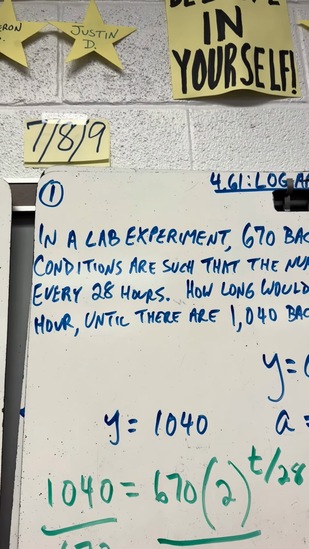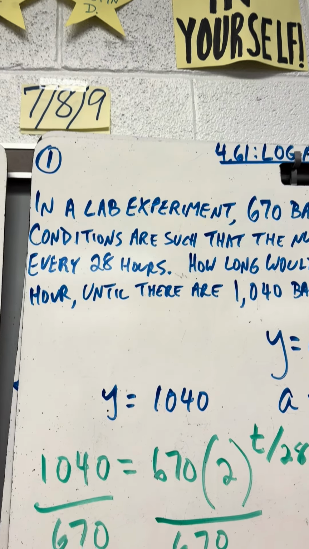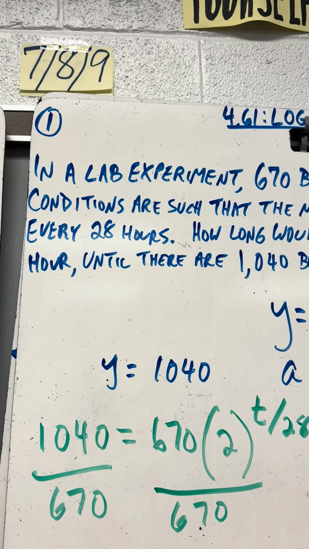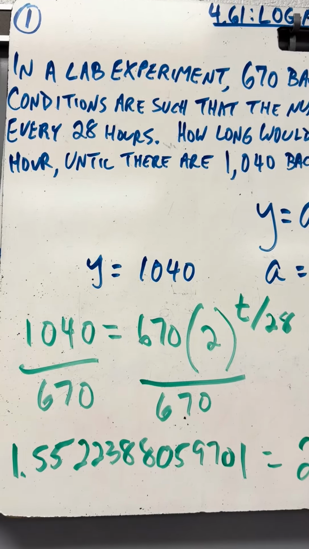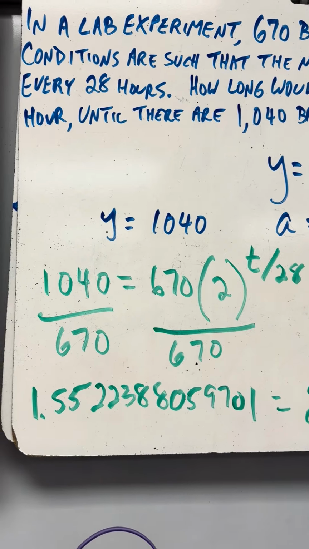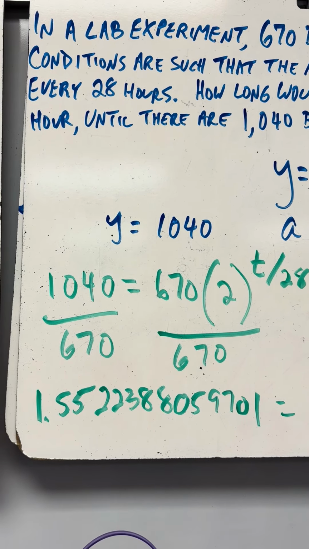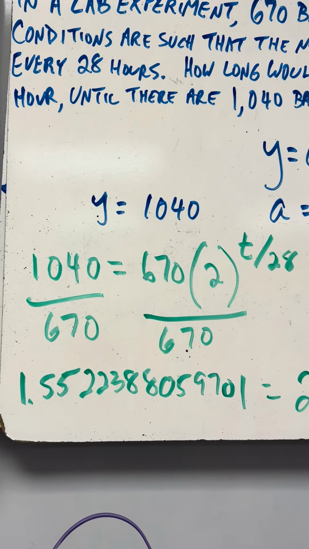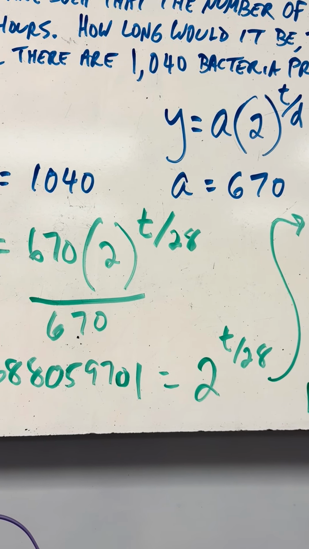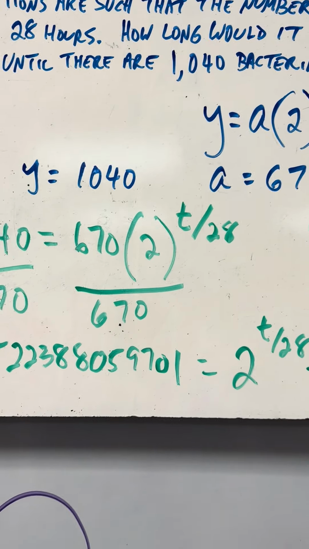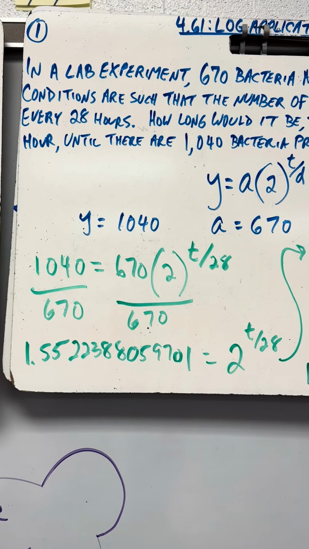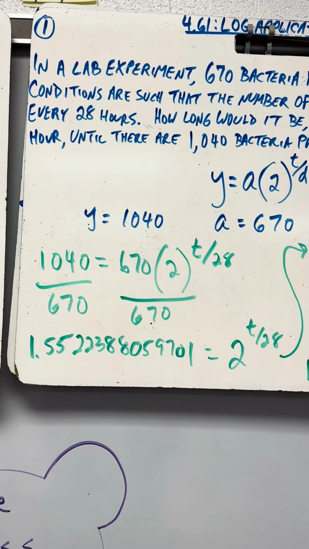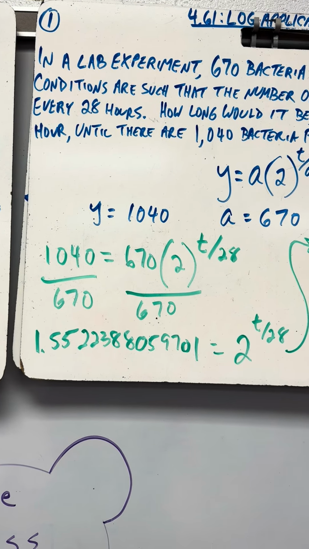And now we're just going to solve. I'm going to start by dividing by 670, and I get 1.552322388059701. All right, equals 2 to the T over 28. The whole idea here is we're going to log both sides, okay?